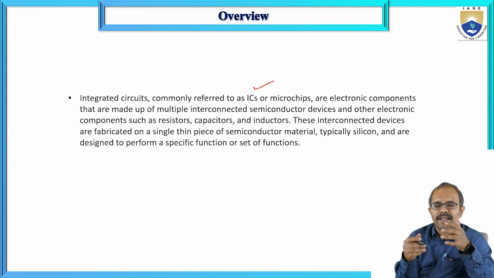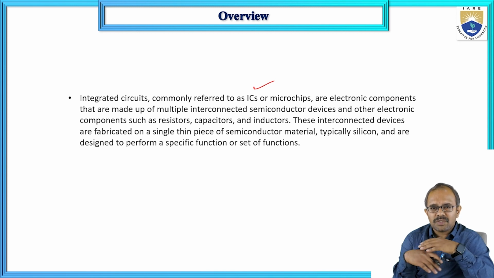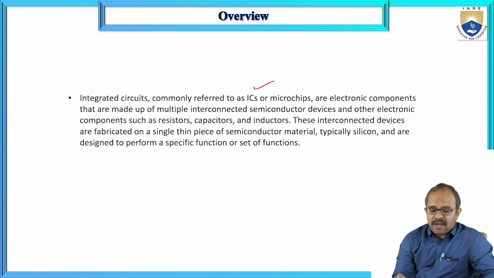So what is there inside the IC? What is there inside the microchip? It is going to have the integration of several components and other electronic components, such as a resistor, capacitor and inductor, basic components.